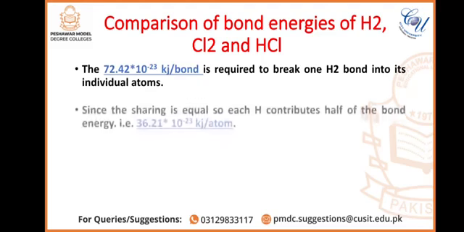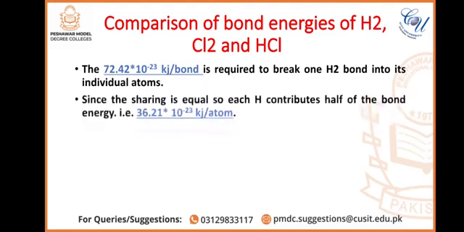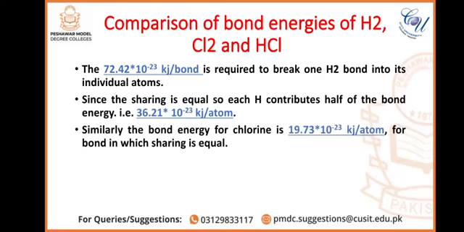It means that bond energy contributed by one hydrogen atom is 36.21 × 10^-23 kilojoule. Likewise, bond energy contributed by each chlorine atom is 19.73 × 10^-23 kilojoule for chlorine molecule.